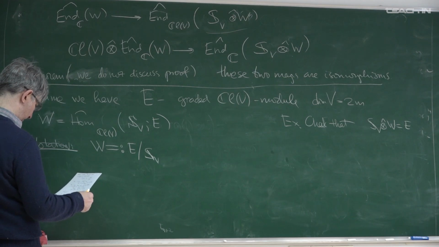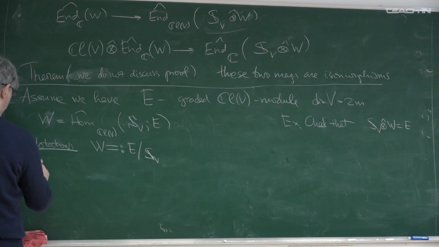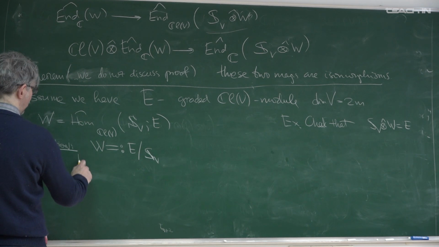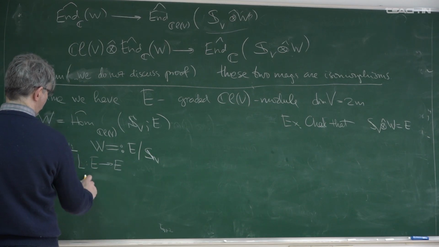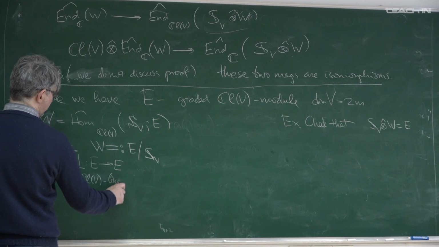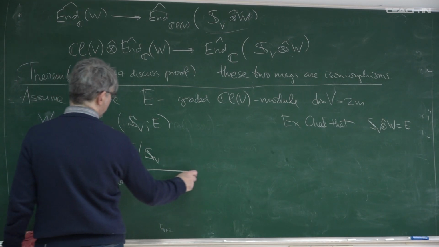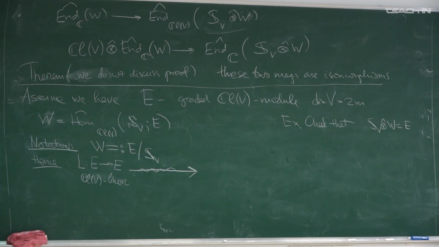Okay. Hence, we start from a linear map from Clifford module to Clifford module. So this one is Clifford V linear. Then look at the isomorphisms on the top side.